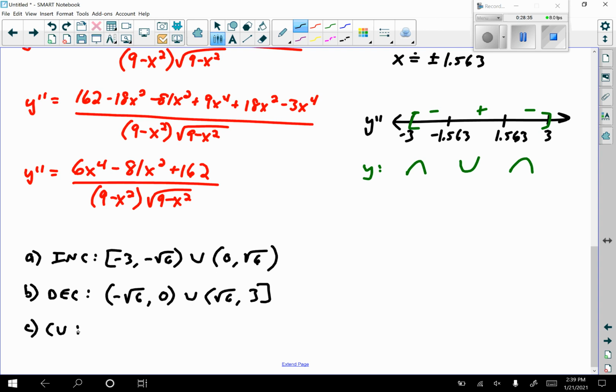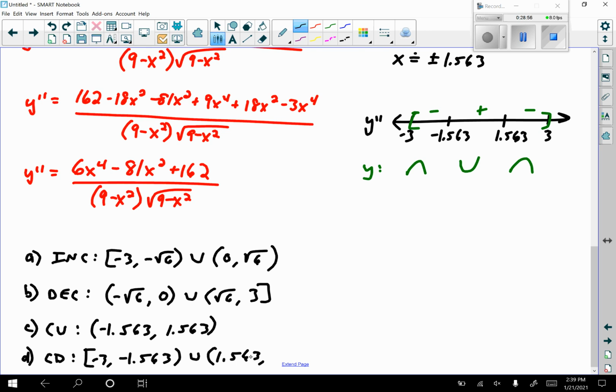Concave up between the 1.563's. Concave down. Again, we include the 3's.